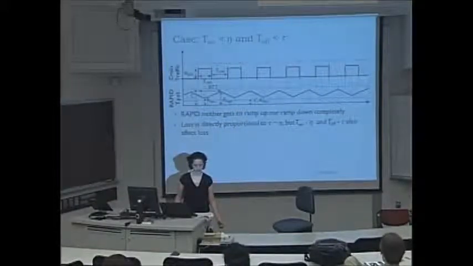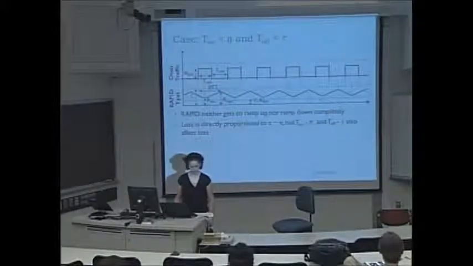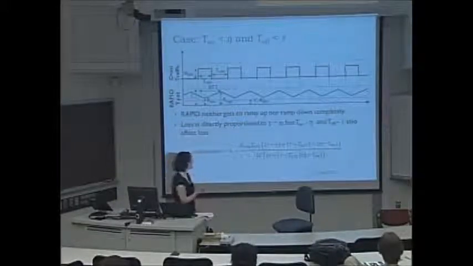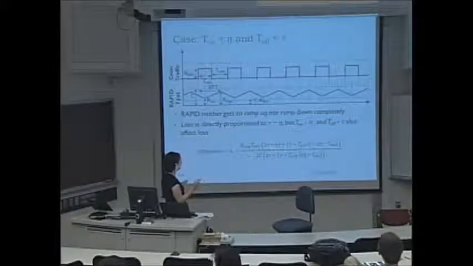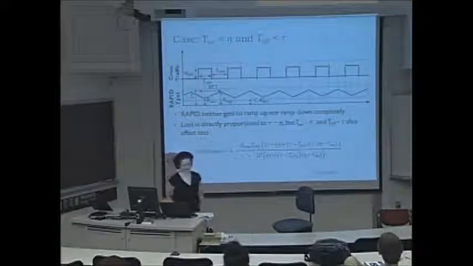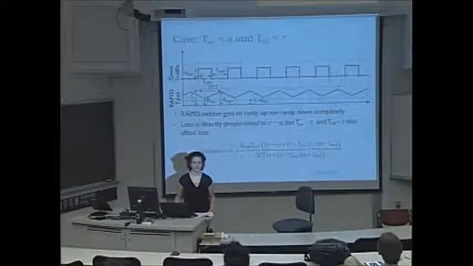And this in turn depends on how much time Rapid has to ramp up compared to how long cross-traffic bursts last before they disappear. And the theoretical equation is similarly more complex. It shows that loss is proportional to tau minus eta, but also that the other factors of how long it has to ramp up and how long it has to ramp down are also in play.